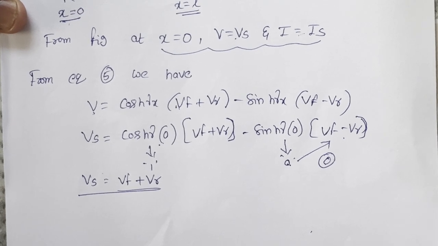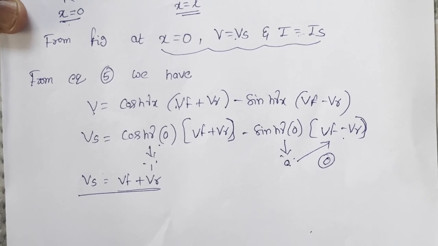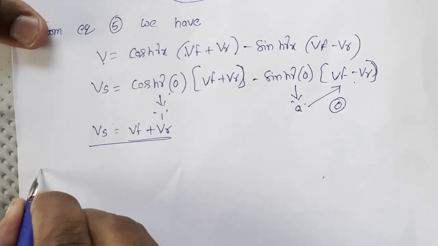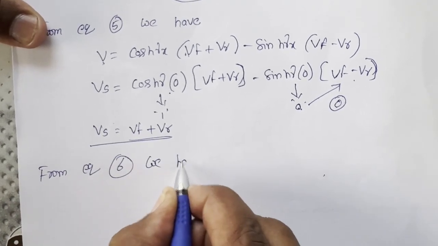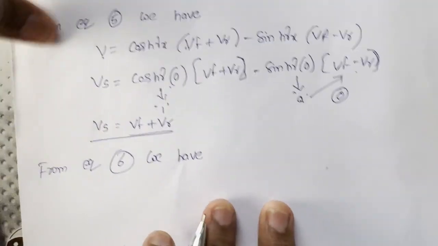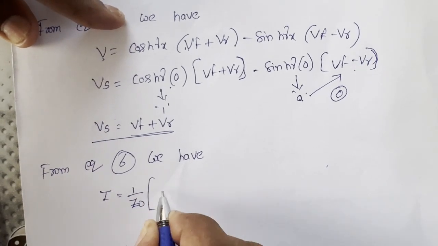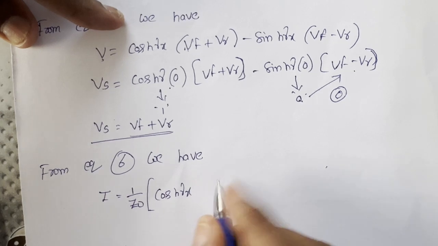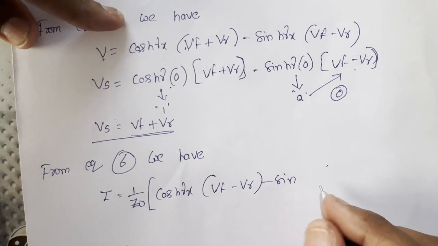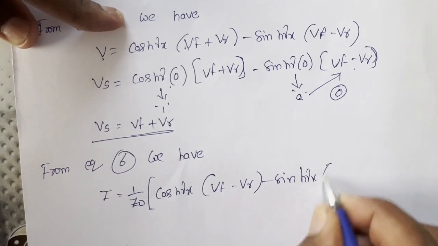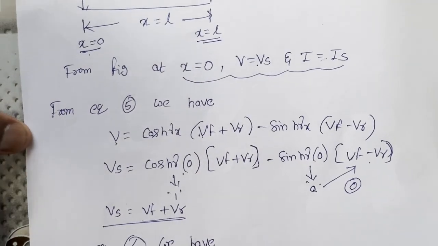Similarly, I am taking equation 6 also. Equation 6 is I equal to 1 by Z0 into cosh gamma x into (Vf minus Vr) minus sinh gamma x into (Vf plus Vr). Here again we have to substitute all these parameters.